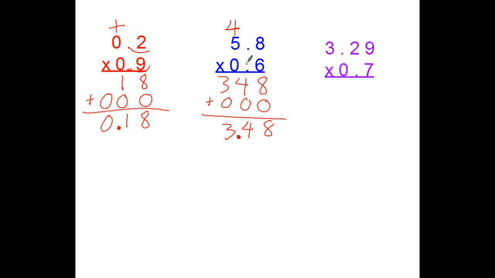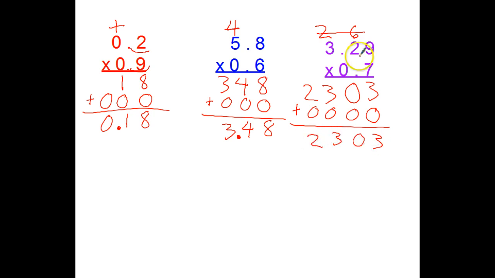3.29 times 0.7, 9 times 7 is 63. Carry my 6, 7 times 2 is 14 plus 6, 20. Carry my 2, 7 times 3, 21 plus 2, 23. Marco and Polo, and again I got 0 times everything. Add them up.